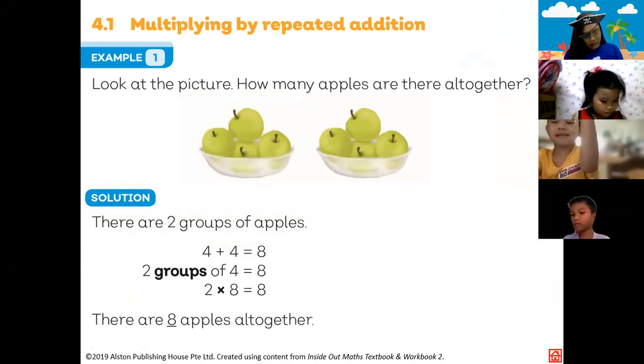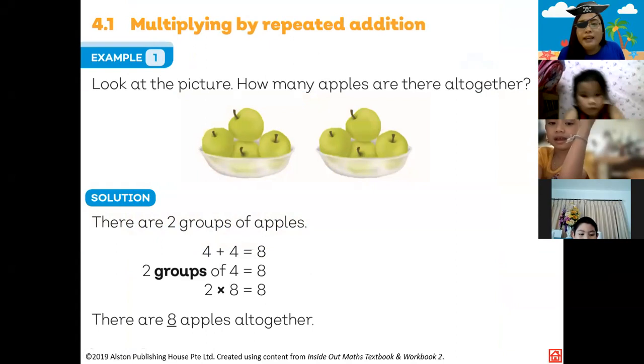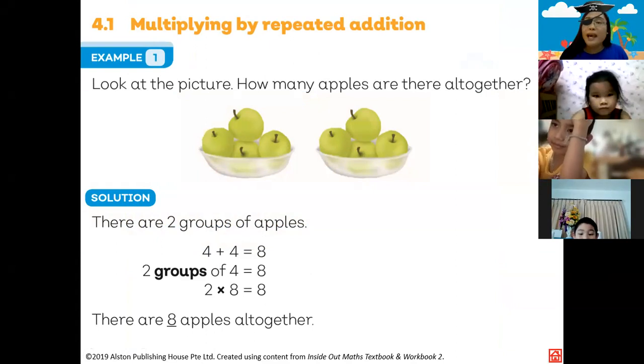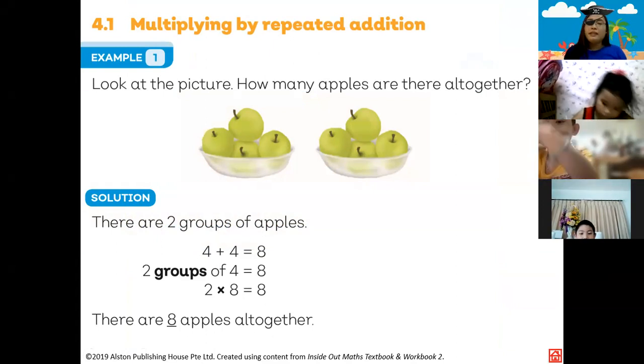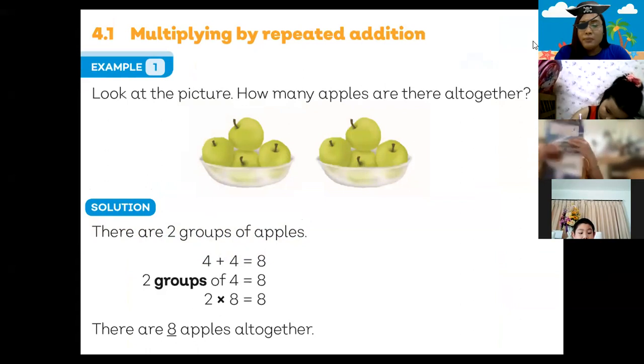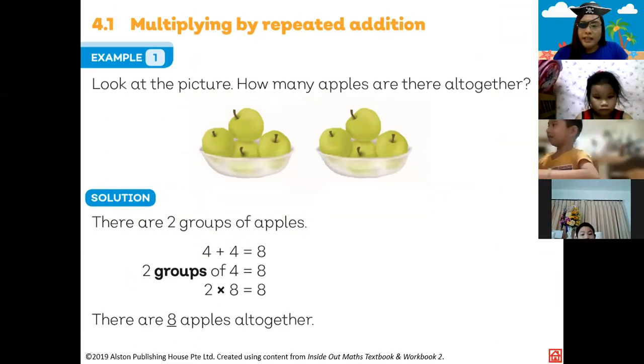I don't have any math. Me too. I don't have a math test. It's okay. It's okay if you don't have the book, you can just look at the screen and listen to me.